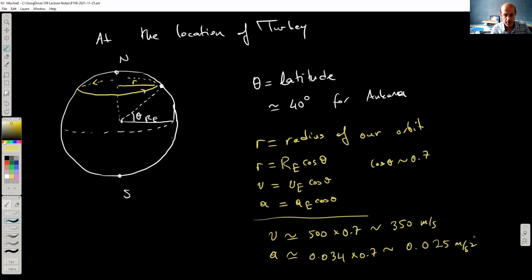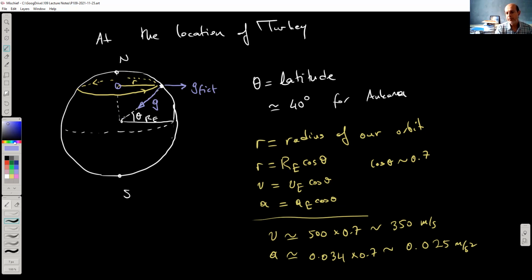In any case, for our case, however, the actual gravity is towards the center. So that's the actual gravity. But the fictitious gravity is in the radially outward direction. Why? Because this is our center of rotation. It is different than the center of the Earth.